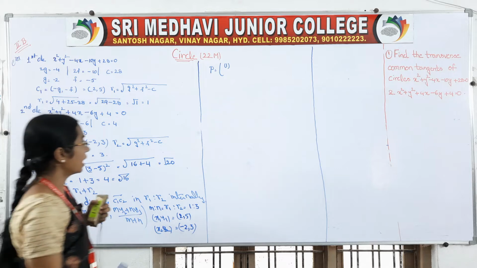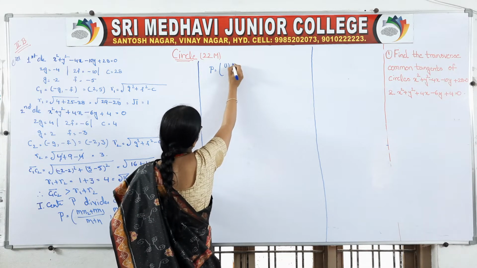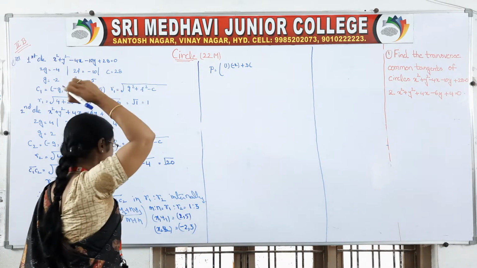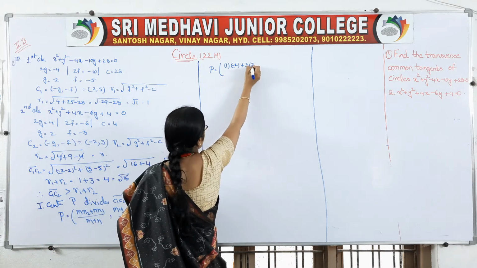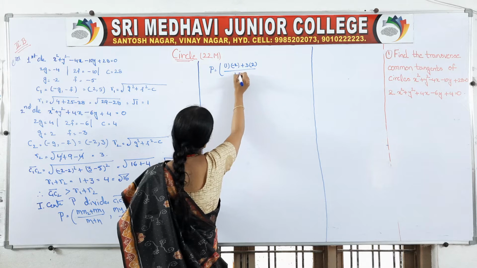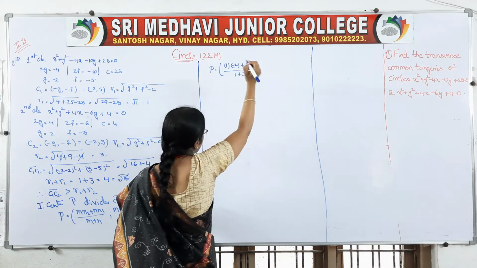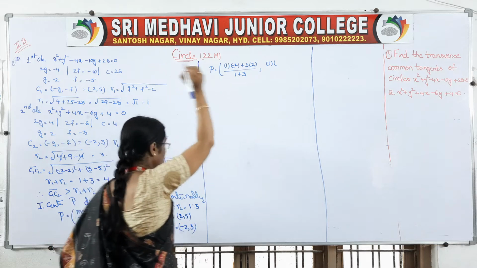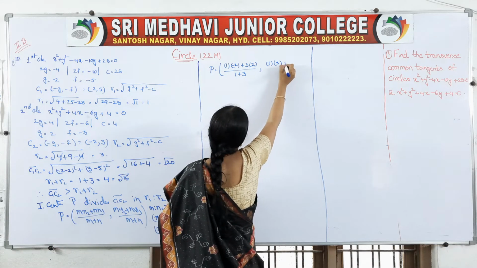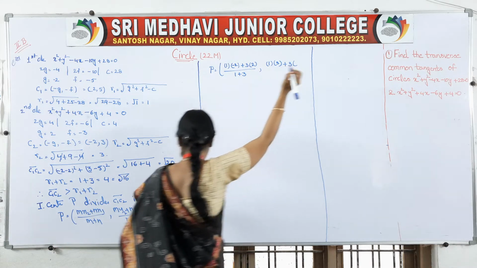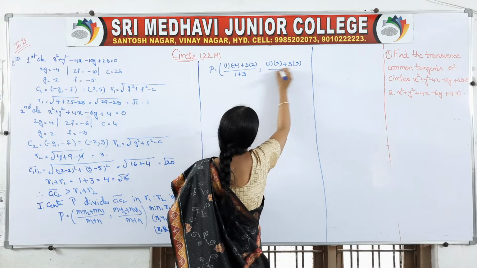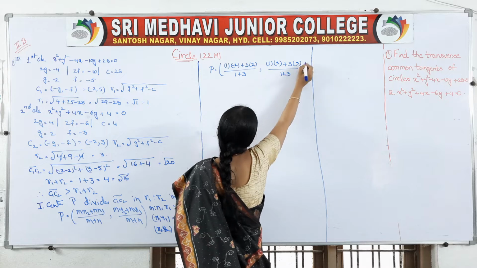What is the x2 value? Minus 2. Into n, which is 3, x1. What is the x1 value? It is 2, by m plus n, 1 plus 3. Next, m y2: m is 1, and y2 is 3, plus n y1, what is y1? It is 5, by 1 plus 3.